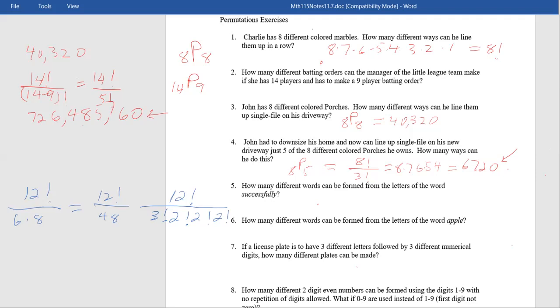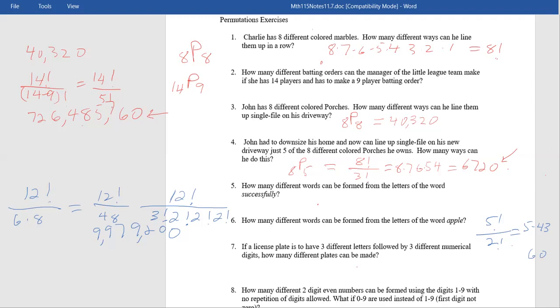Okay, well that is a lot of words. 9979200. Wow, okay. Apple, how many words can we do with that? Well, you've only got 1, 2, 3, 4, 5, and you just have 2 repeats, so this would be 5, 4, 3, and we got rid of the 2 and the 1, so 60.